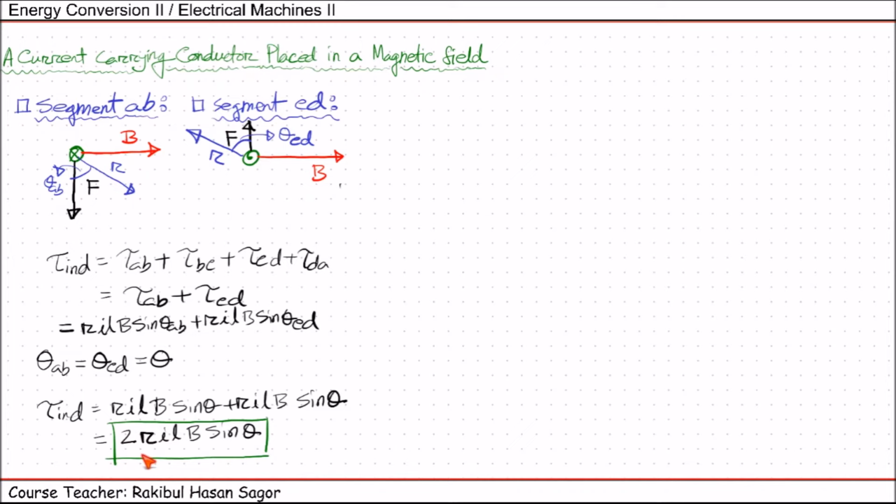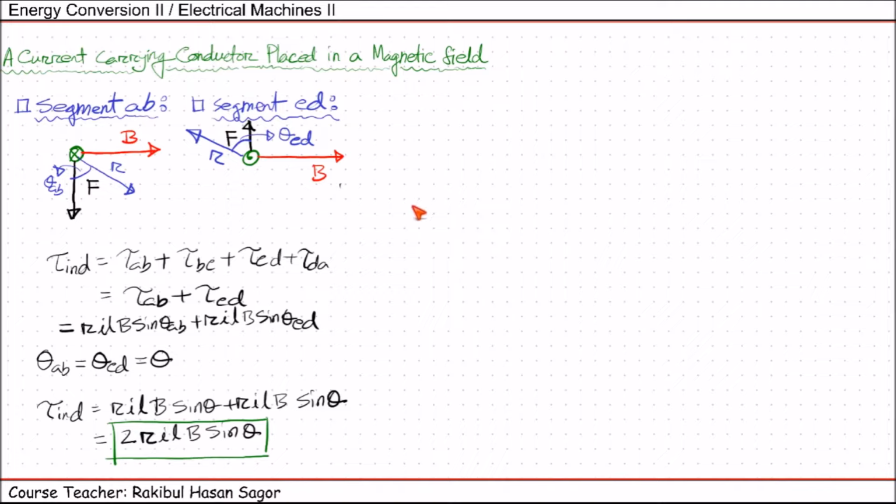So if you want to increase the motor torque, you can either increase the current flowing through the conducting wire, or you may increase the magnetic flux density by using a very high valued magnet. Once the motor is constructed, you cannot change the value of L and R. What you can change is I, by changing the supply, and B, by changing the excitation of the magnetic field.